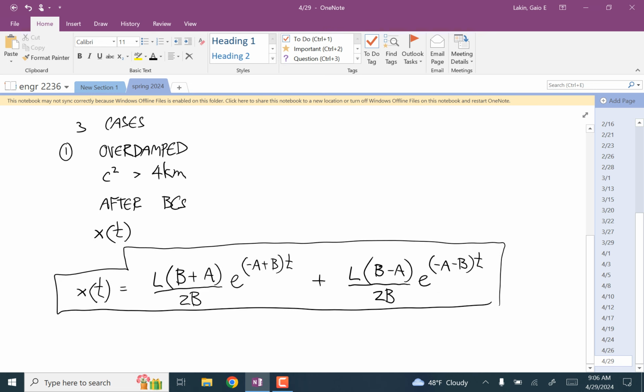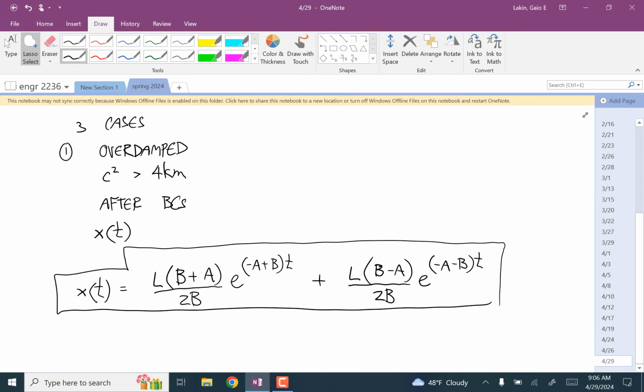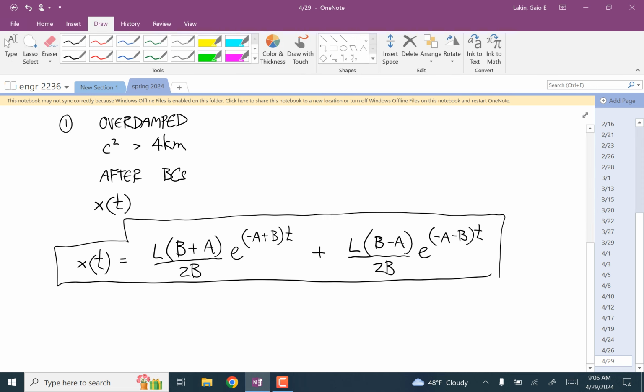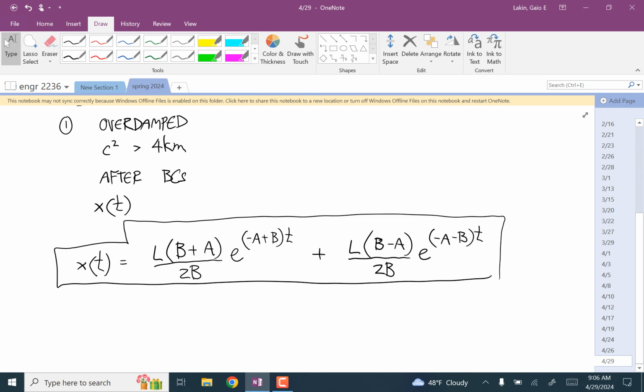Okay, so we got that solution. And what did we qualitatively, how would you describe the overdamped case? This is a case where the oscillations are killed immediately because the damping is so high, but it doesn't get back to equilibrium very fast. So this is slower to get back to equilibrium.